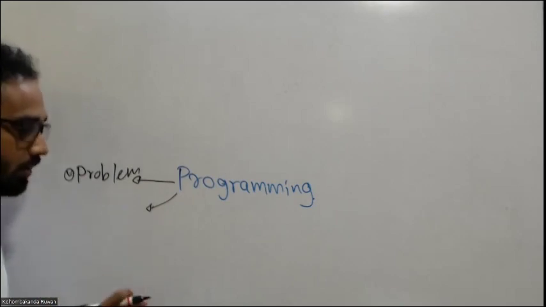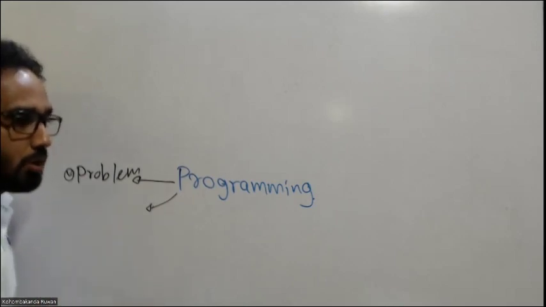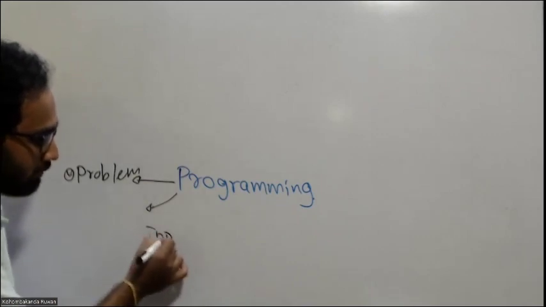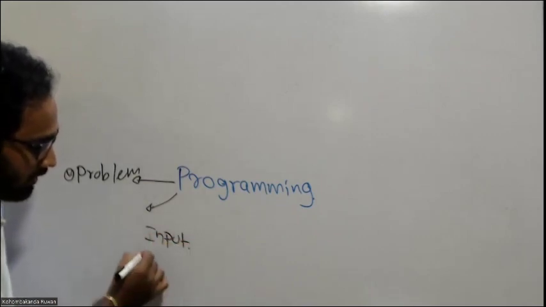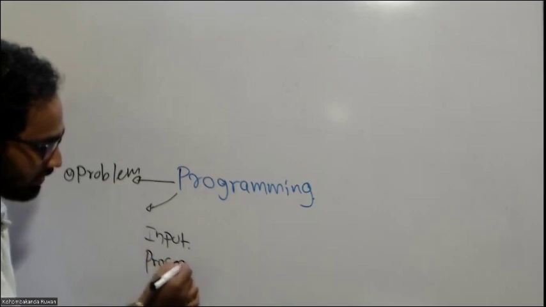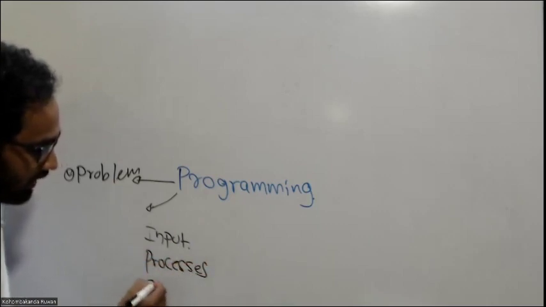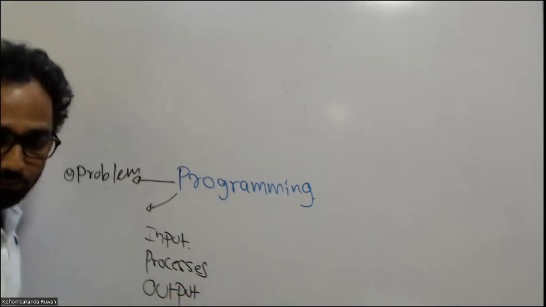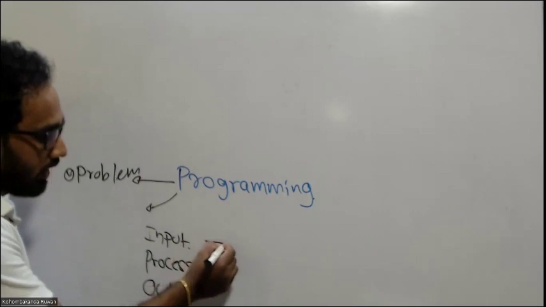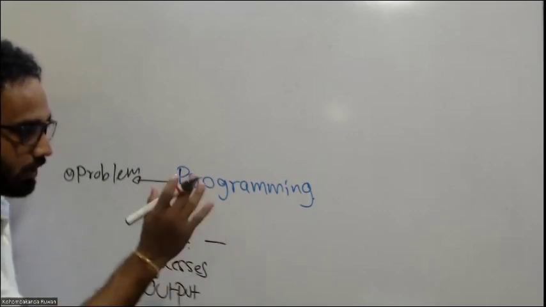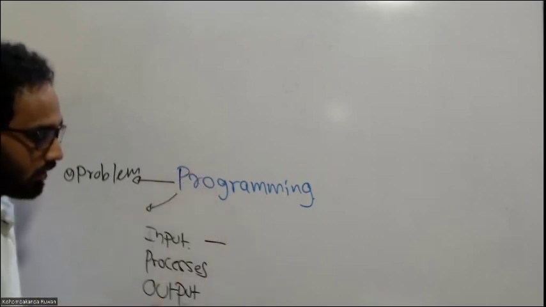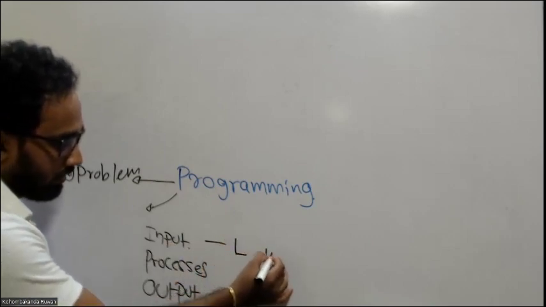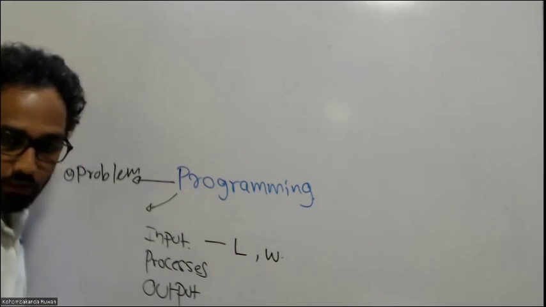Next thing, very important thing is you need to identify the input. What are the inputs? What are the processes, right? And what are the outputs in your problem. Let's say, for example, to find the area of a rectangle, what are the inputs? Length and width of the rectangle.